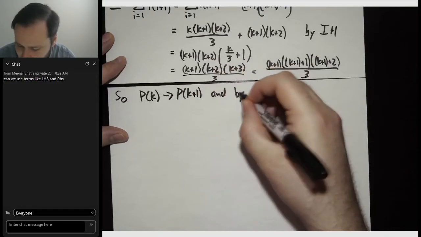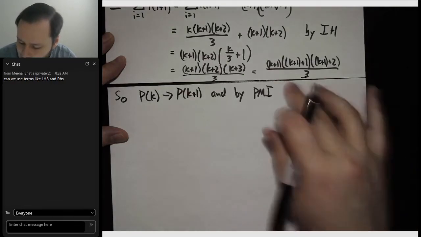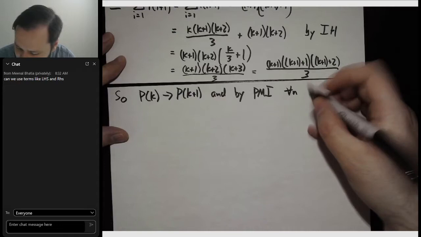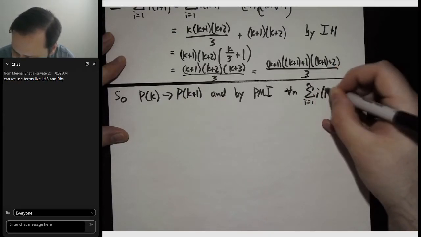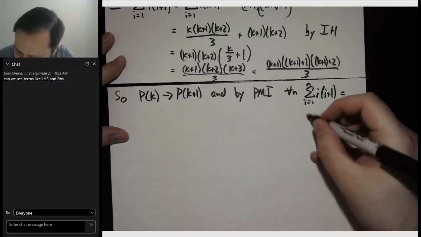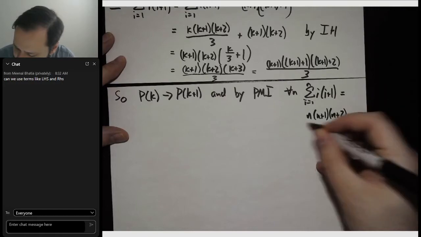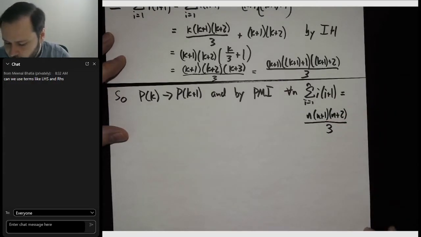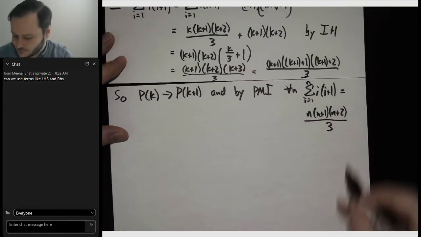And by the principle of mathematical induction, I get for all n, the sum from i equals 1 to n of i times i plus 1 is equal to n times n plus 1 times n plus 2 divided by 3. Or, in other words, for all n, P of n.